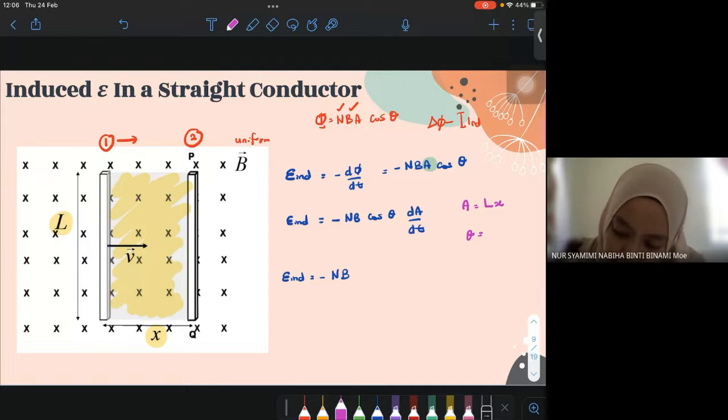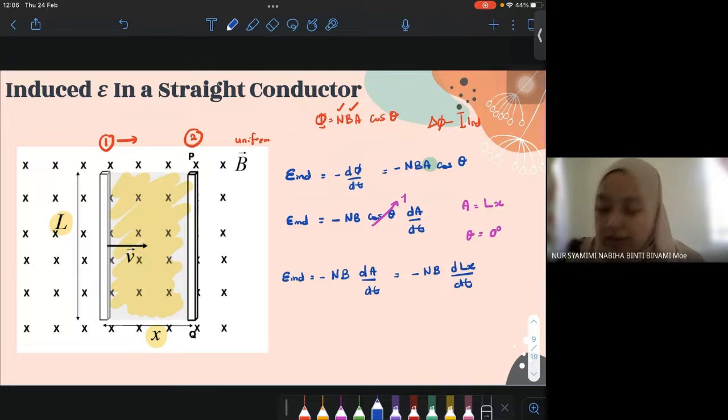So theta is equal to 0 degrees. Cos 0 is equal to 1. So we get N B dA over dt. And I know A is equal to L times X, so negative N B L d(X) over dt. I just replace this A with this value.